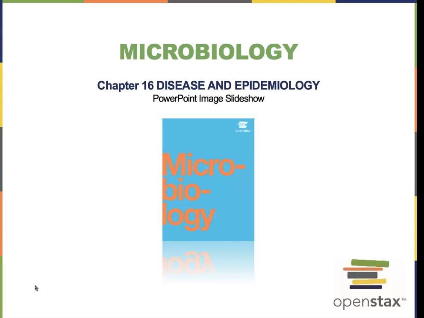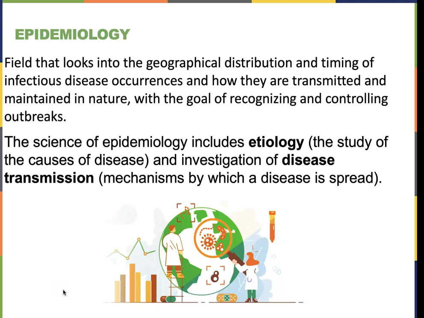All right, chapter 16. This deals with epidemiology. So epidemiology is a field that looks into the geographical distribution and timing of infectious disease occurrences, how they are transmitted and maintained in nature.